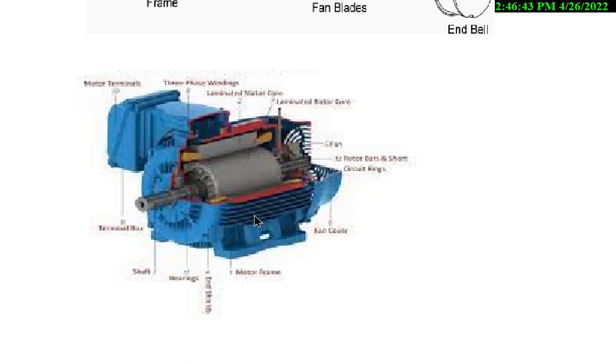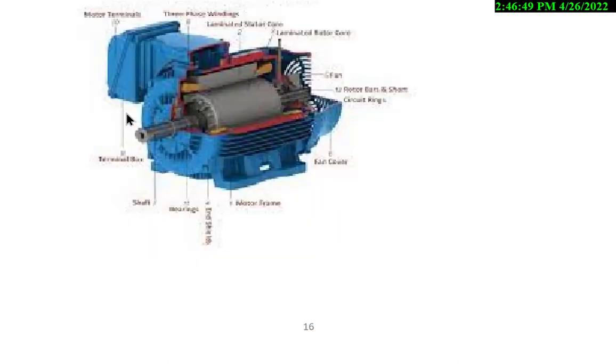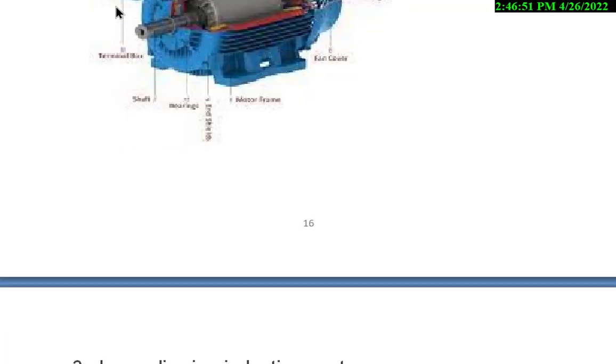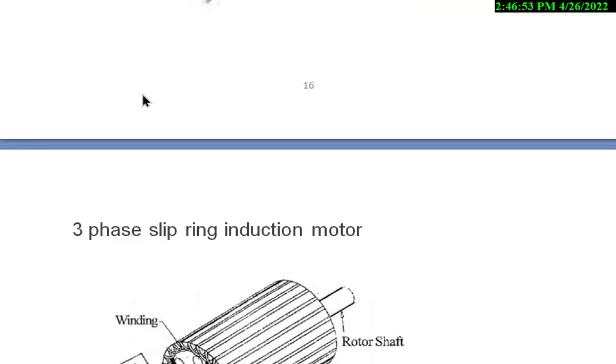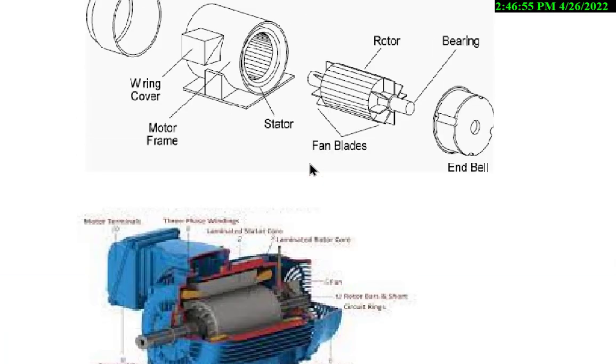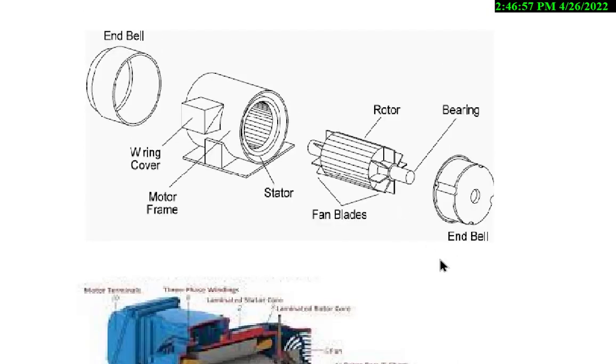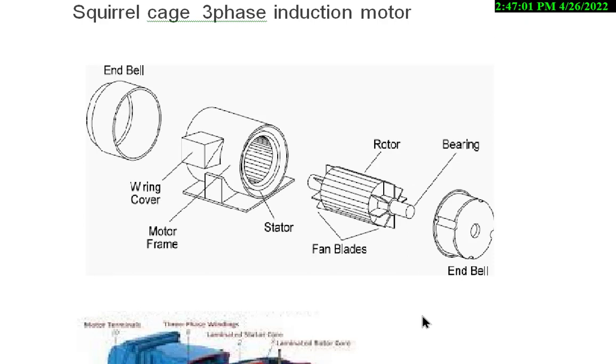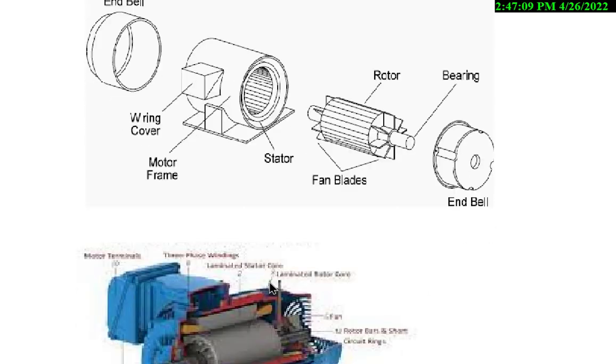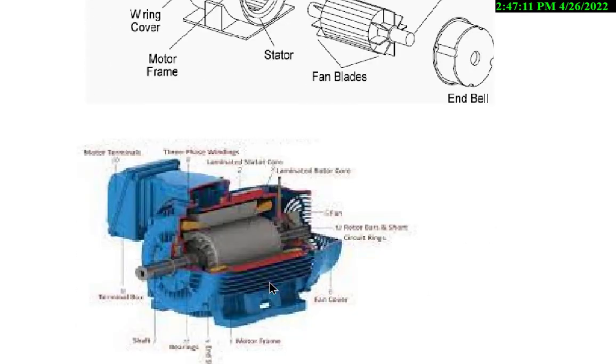This is the rotor and this is the stator, this is the shaft, and these are the motor terminals to connect supply. For this type of squirrel cage induction motor, the torque slip characteristic is fixed. Its torque speed characteristic cannot be changed. Only one characteristic can be obtained.